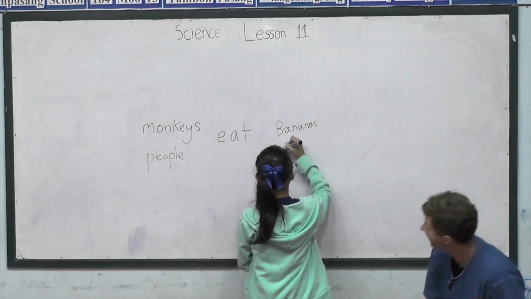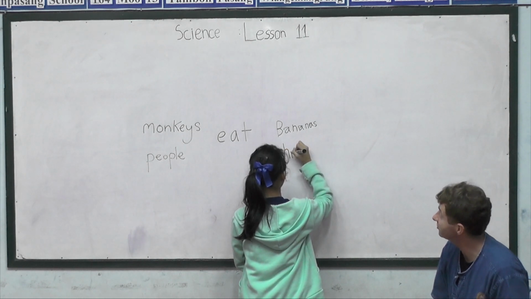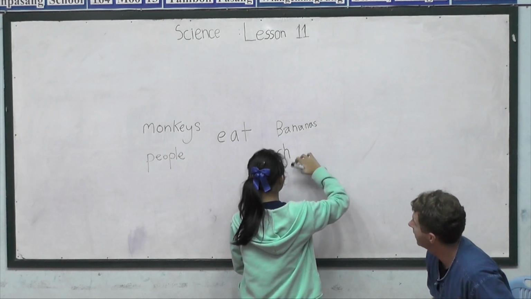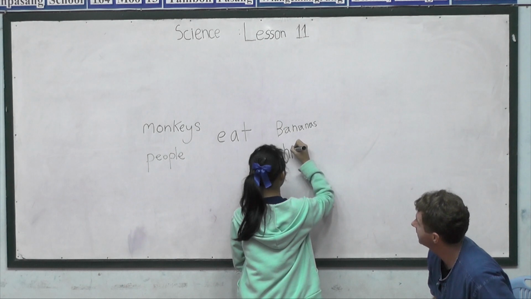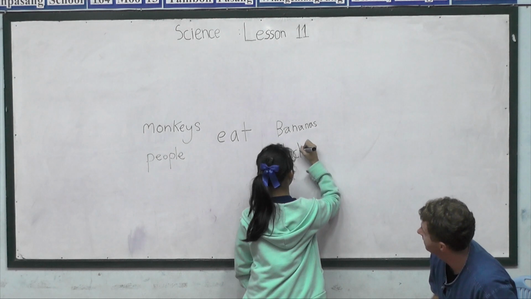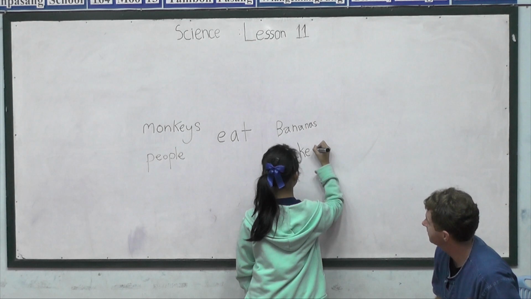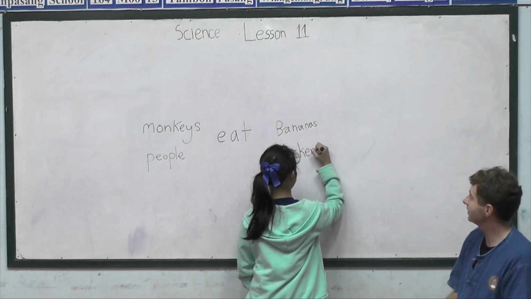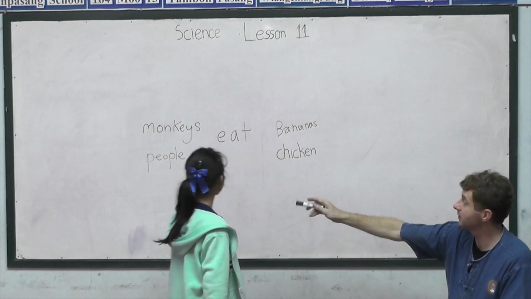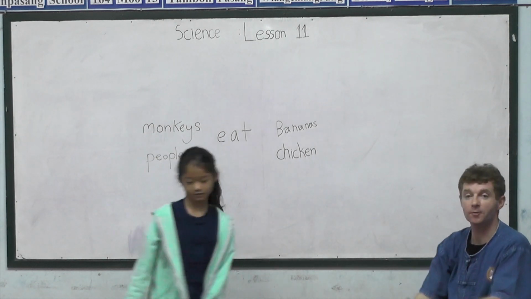C H I C K E N. Excellent. So Dawn, what do people eat? People eat chicken. Excellent. High five. Round of applause for Dawn.